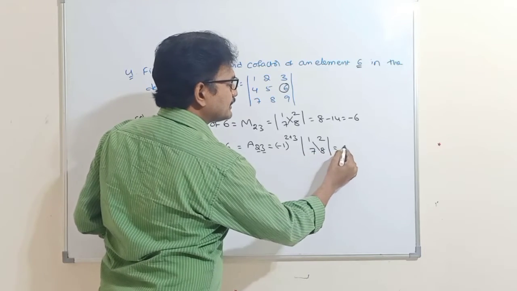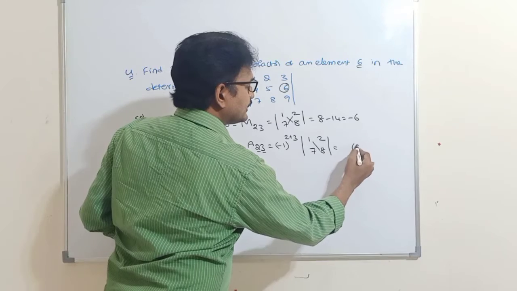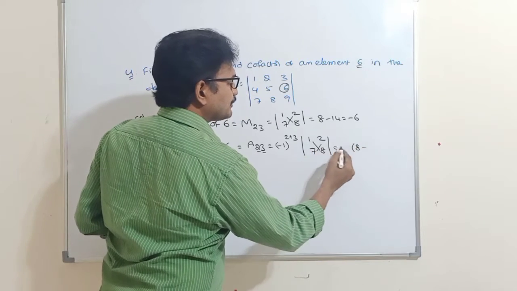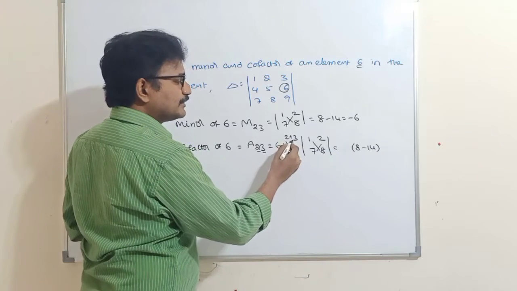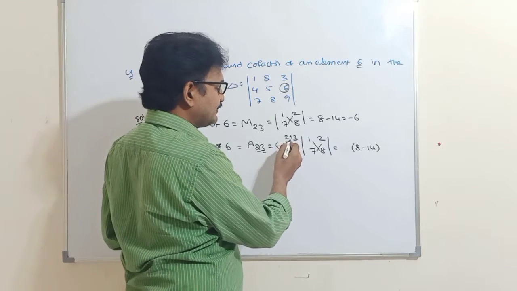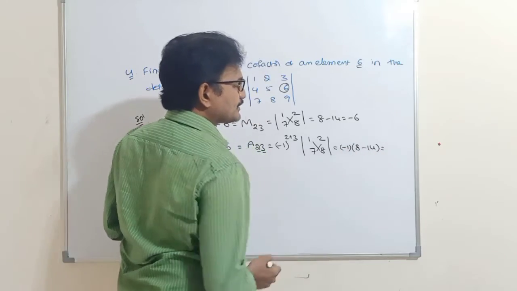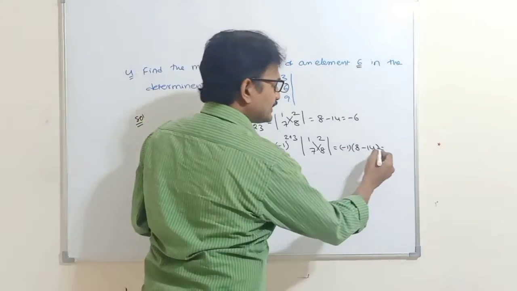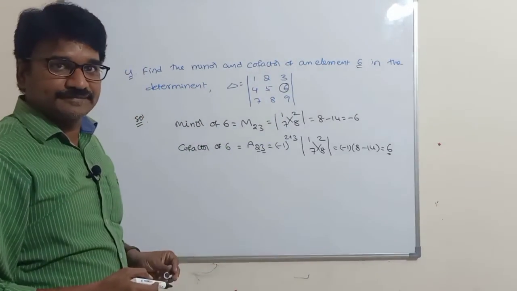So 1 into 8, 8, minus 7 into 2, 14. Before this, minus 1 whole power 2 plus 3 is 5. Minus 1 whole power 5 means minus 1 will come. So 8 minus 14 is minus 6. Minus 6 into minus 1 is 6. So this is the cofactor of 6.